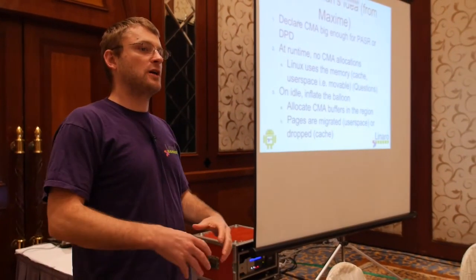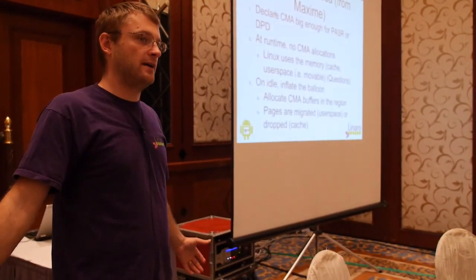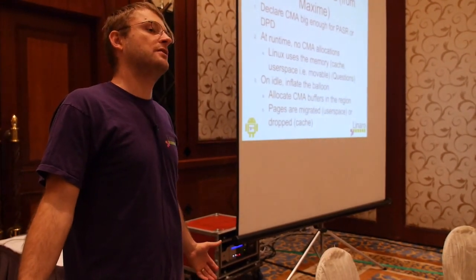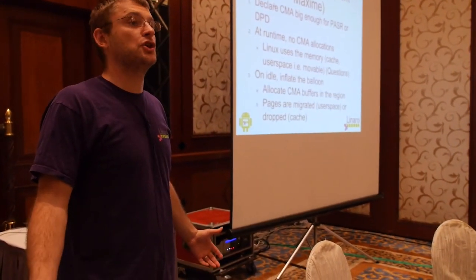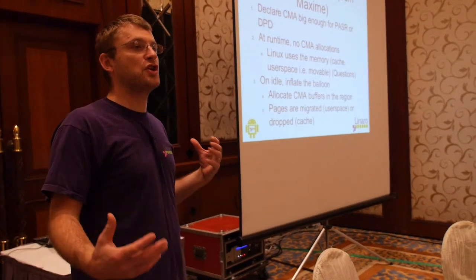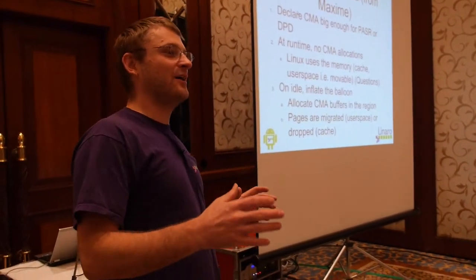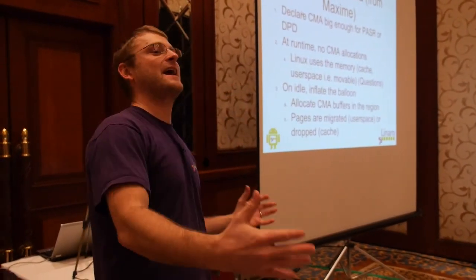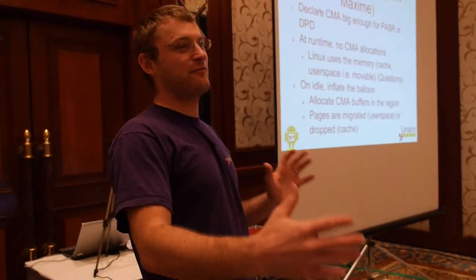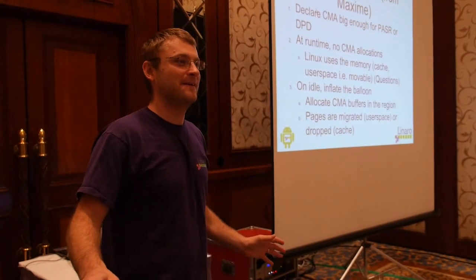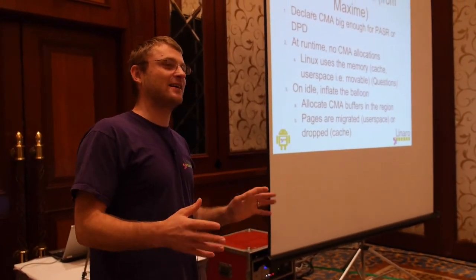And you will drop page cache and migrate out anything from the region that you need to achieve this balloon. So you have now an upper bound on actually completing the camera allocation, which you didn't have before, which is the whole point.